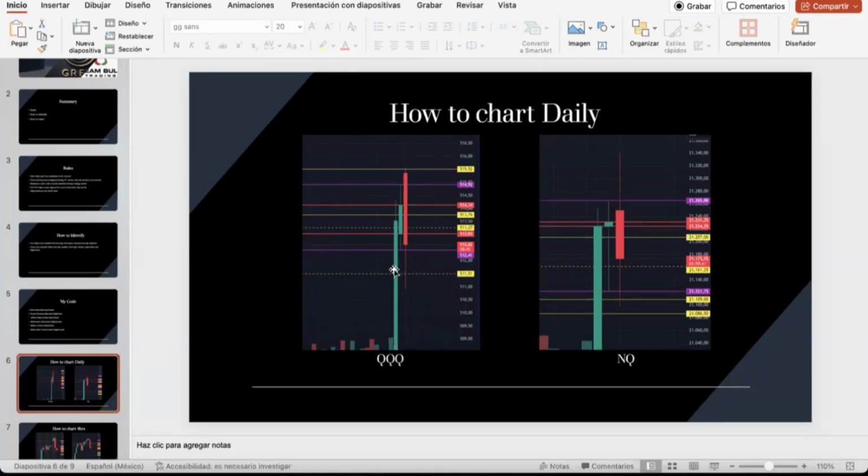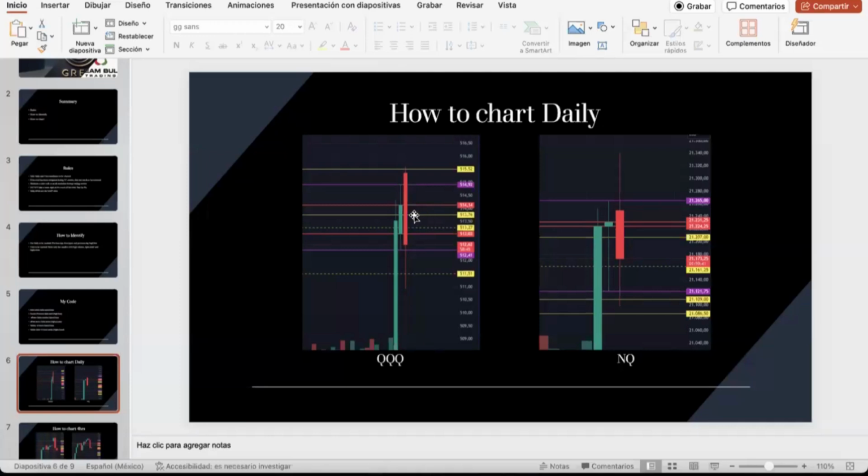So as you can see, I have my green candle from the Friday session. I mark the previous day low with purple, the previous day high with another purple. We have the open with the red line, and the close with another red line here.